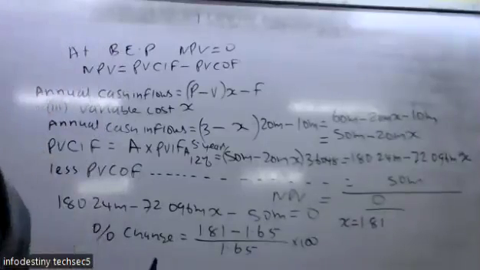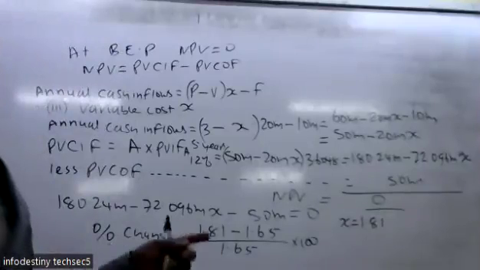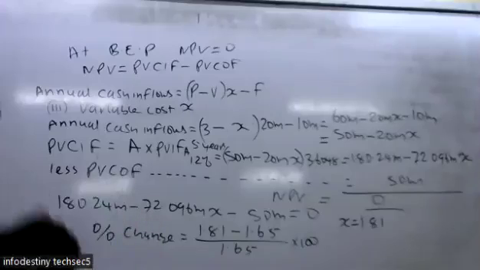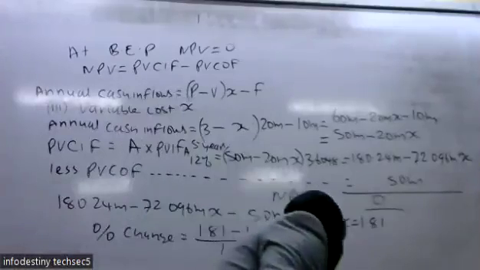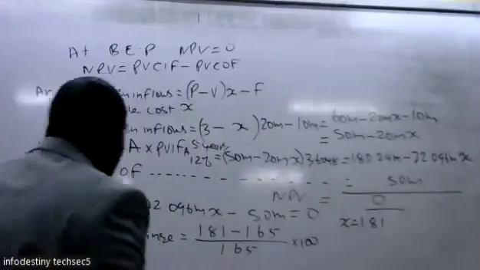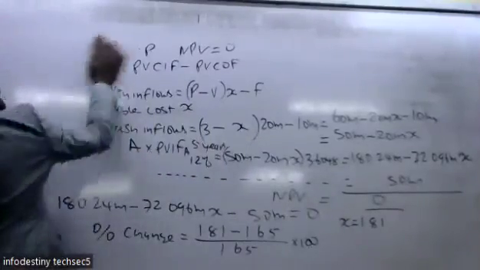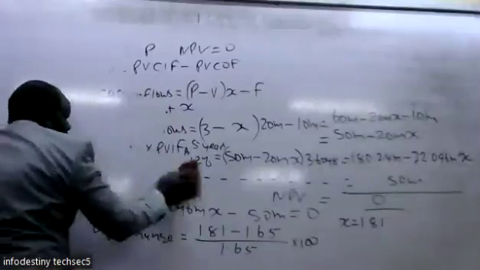Sometimes they normally ask you to comment among those variables, which is the most sensitive or least sensitive. When they ask you that kind of question, you summarize it in this manner.